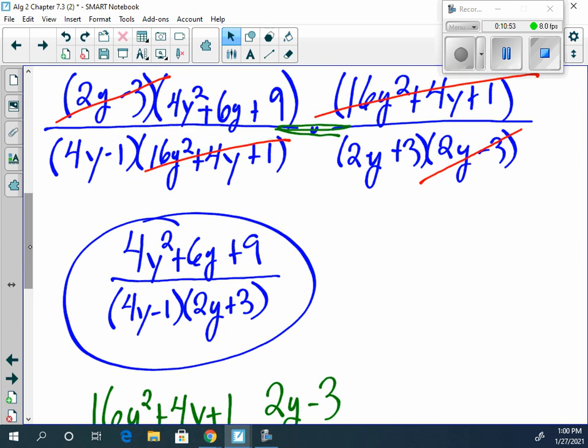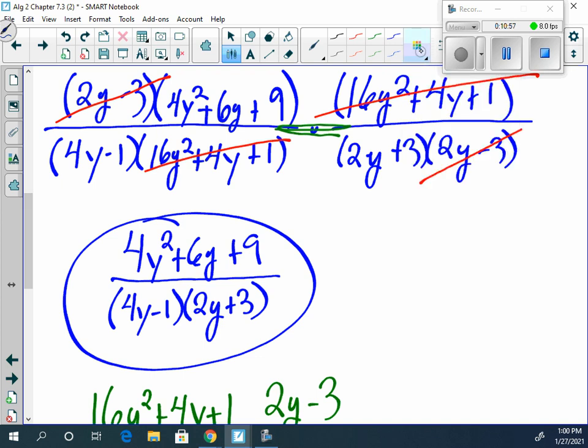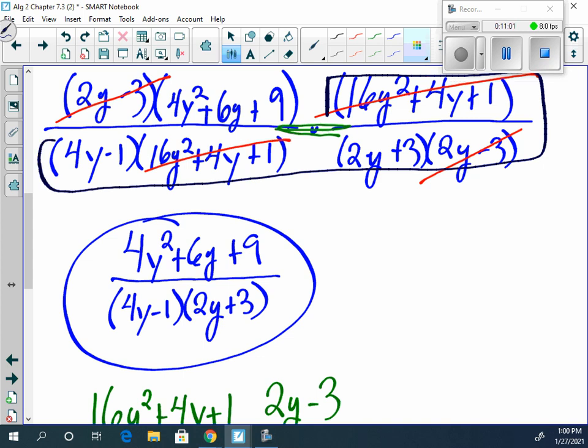Because again, our restrictions are going to come from these three spots. Well, these two are the same, so we do have our 16y squared plus 4y plus 1. Check. Check. We got the 2y minus 3, and these other two, we didn't list them because they're still left over. We still have them in the bottom of the fraction.